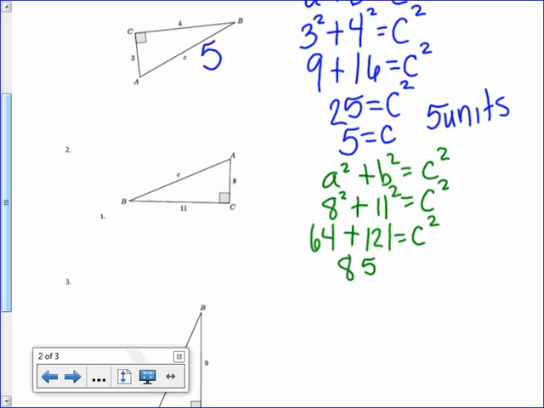And 0 plus 1 is 1. Equals C squared. 185, not a perfect square. So 185, and the square root of that is about, so C is about 13.6 units.